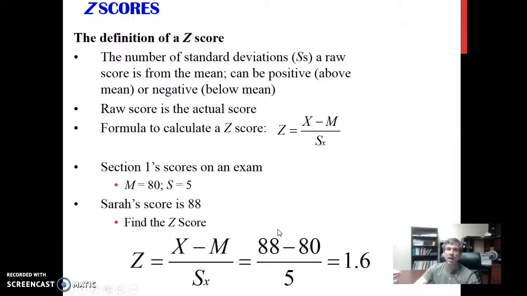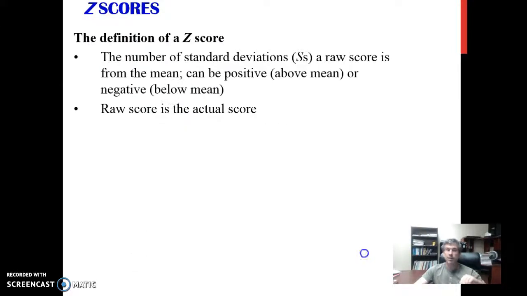We standardize that by dividing it by the standard deviation, which is 5. We get 1.6. Her z-score is 1.6, and what that means is that she is 1.6 standard deviations above average for her class. So again, it's giving us that valuable piece of information of not just what her score is, but where it falls relative to the average of her data set, her class.